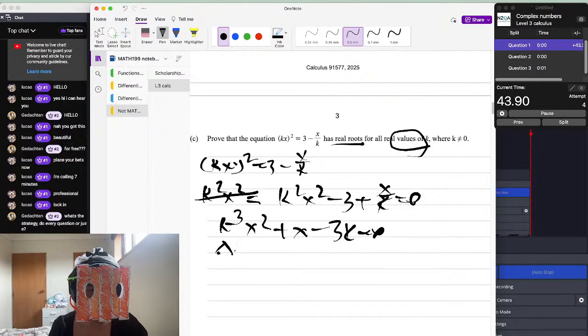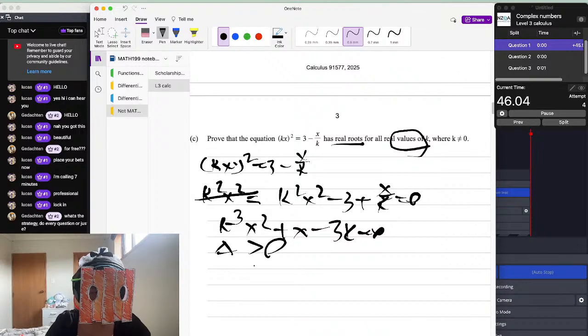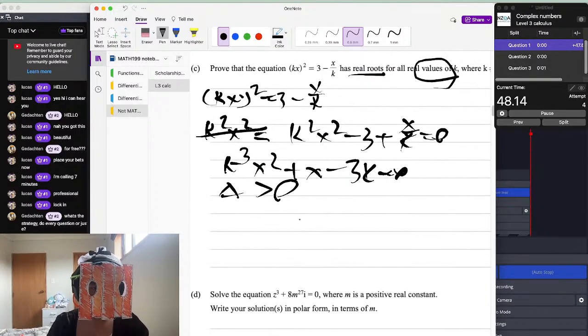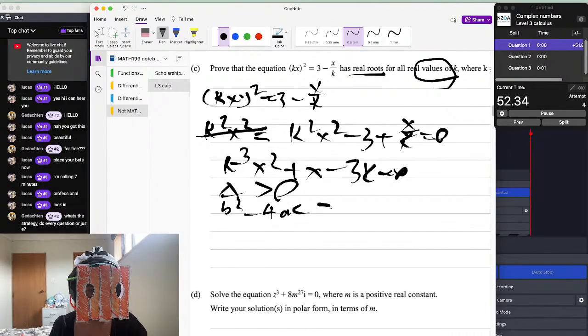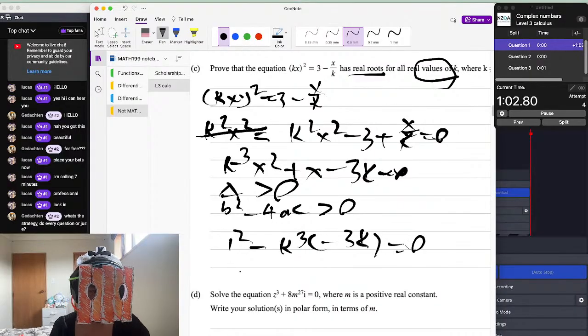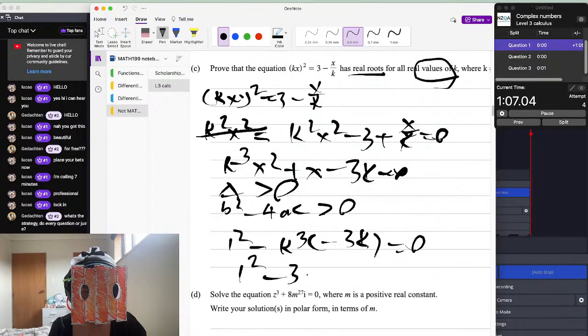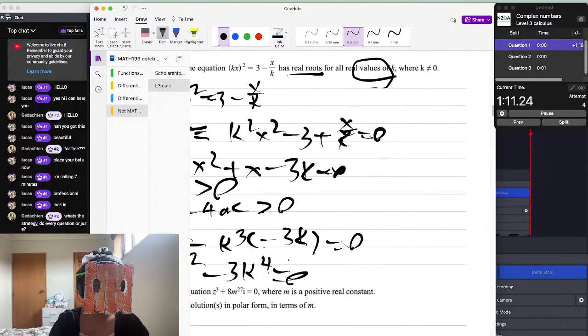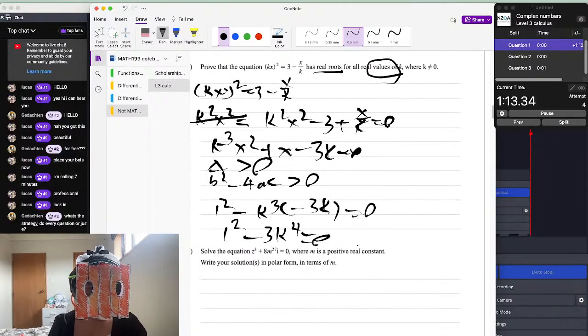And for real roots, our discriminant is going to be greater than 0. And if you know the discriminant formula, it's b squared minus 4ac, and that's going to give us 1 minus 4 times k times minus 3k, so 1 plus 12k squared. Ew.